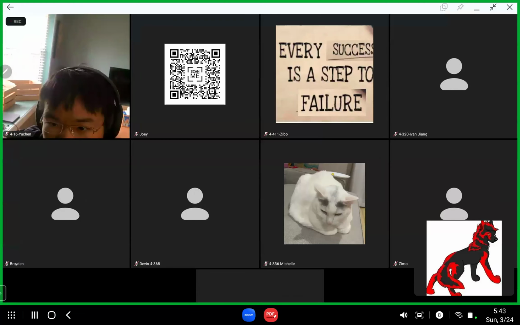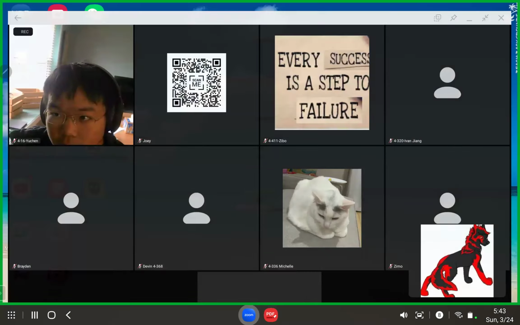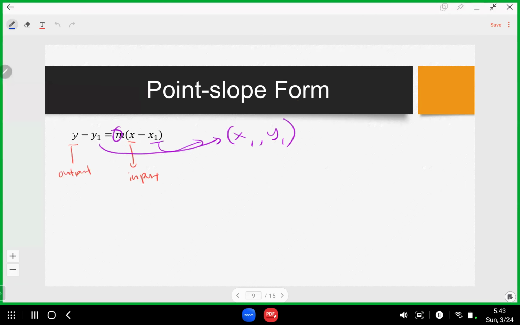Okay, so let's just check this real quick. Okay, yes, Zemo, I can go back to the point slope form. So if you need to take notes, point slope form is this one. So hurry up if you did not take notes of the point slope form.